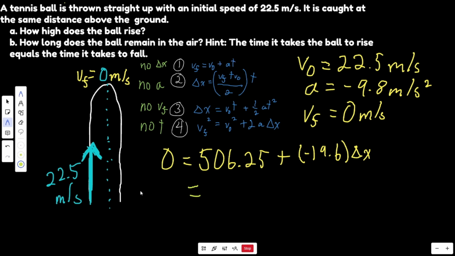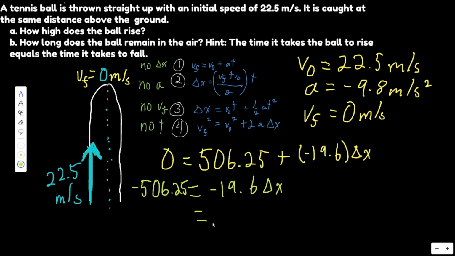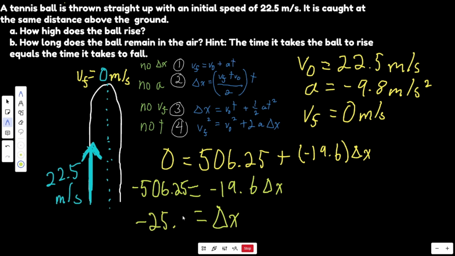We're going to move this to the other side, so we're going to have negative 506.25, and then we're going to have negative 19.6 times delta x on the right side of the equation. So from here, obviously we just need to divide both sides by 19.6 as per algebra rules. So that will get us delta x has a value of negative 25.82 meters.